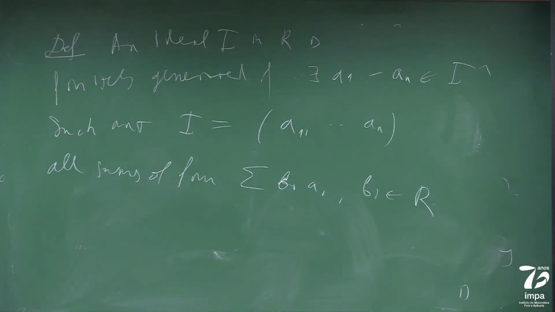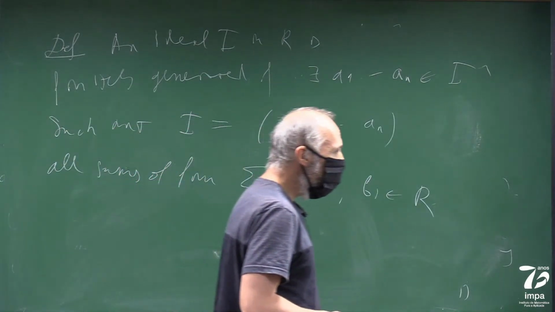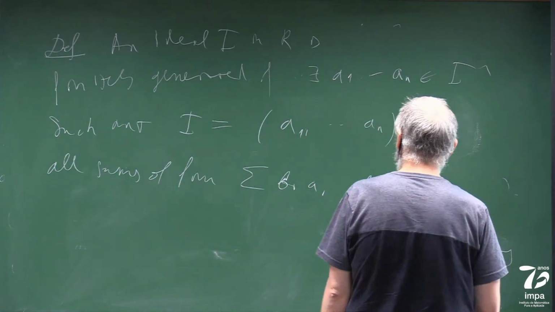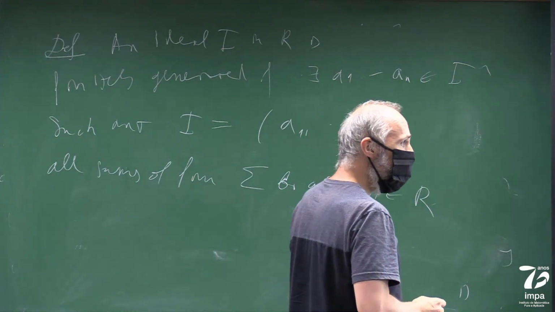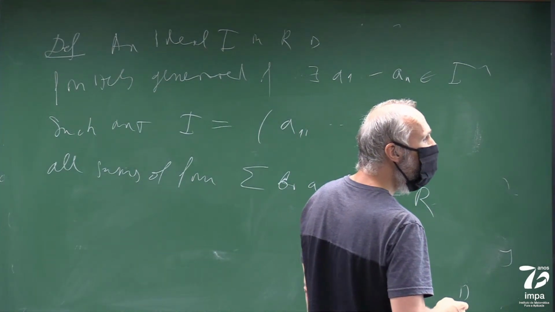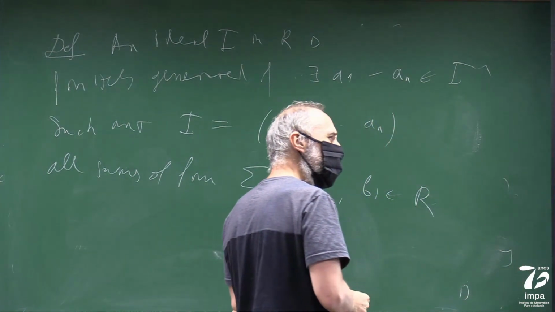This is standard notation for the ideal generated by things. Sometimes you use angle brackets, or you can use round brackets. I think here I use angle brackets.